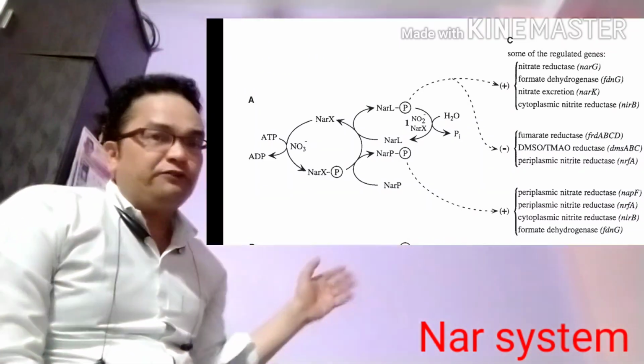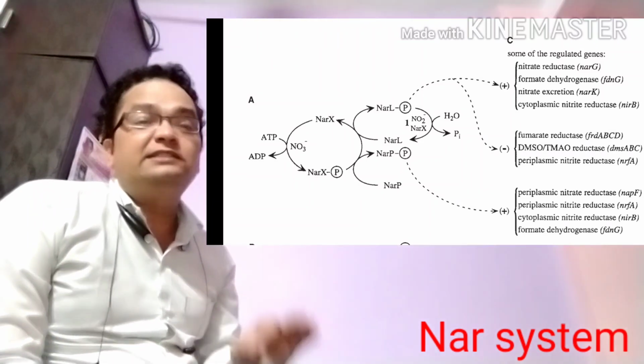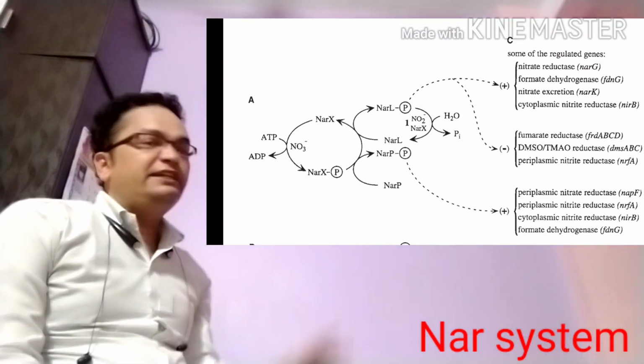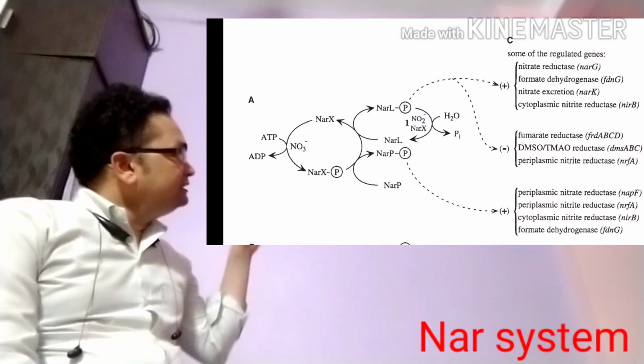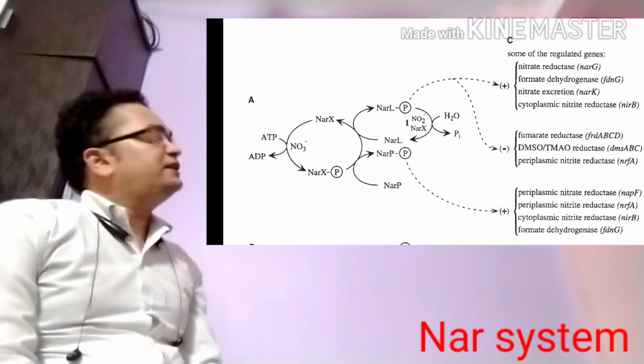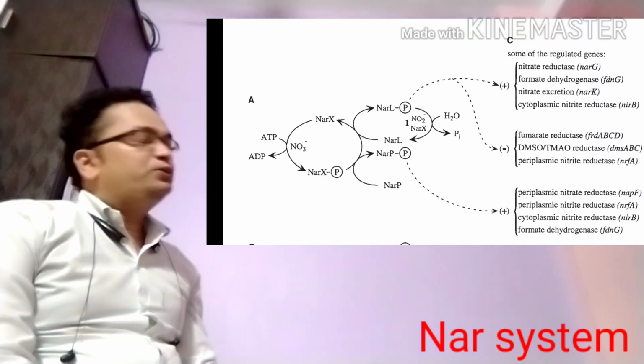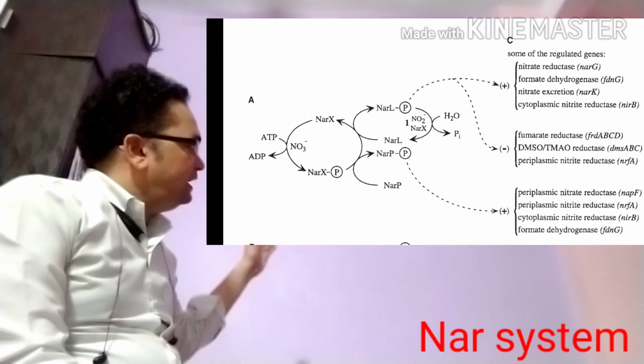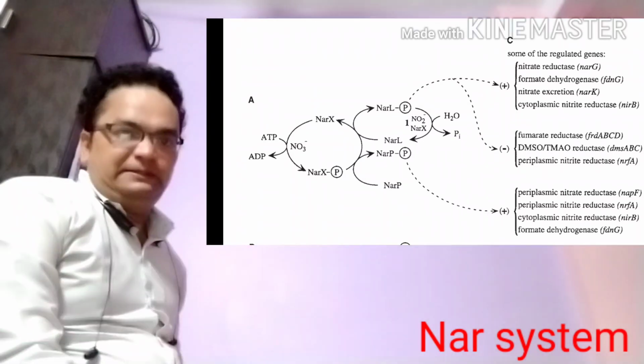So what is the type of NAR-X then? It is histidine kinase. So it is the first component, histidine kinase. And this NAR-X transfers that phosphate group to the other two components, NAR-L and NAR-P.